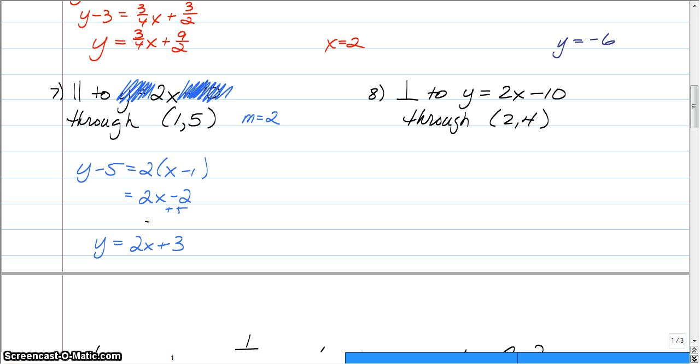So number 8 is your turn. Pause the video, give it a try. Except this time it says perpendicular to y equals 2x minus 10. Again, the only thing you need is the slope of 2. Perpendicular to a positive 2 is -1/2. And then you just plug it into your point-slope equation.